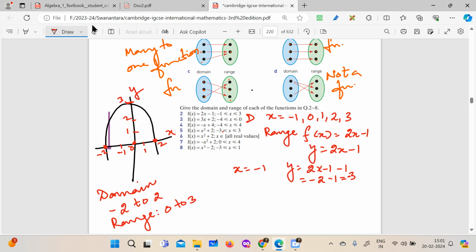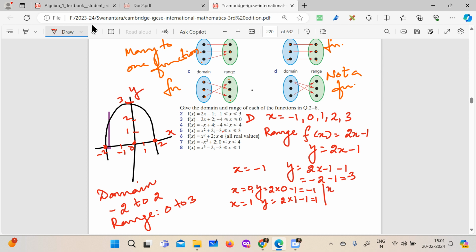Yes. Okay. Now, when x is equal to 0, y is equal to 2 times 0 minus 1, that is minus 1. Got it? Then when x is equal to 1, y is equal to 2 times 1 minus 1, that is 1.